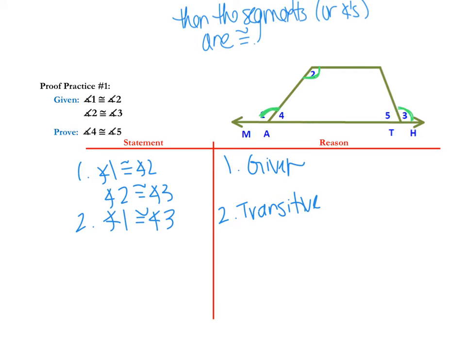What I'm trying to prove is that angle 4 is congruent to angle 5. So looking at my diagram, is there some information that I can use? Well, I can see that angle 3 and angle 5 and angle 1 and angle 4 form a linear pair.